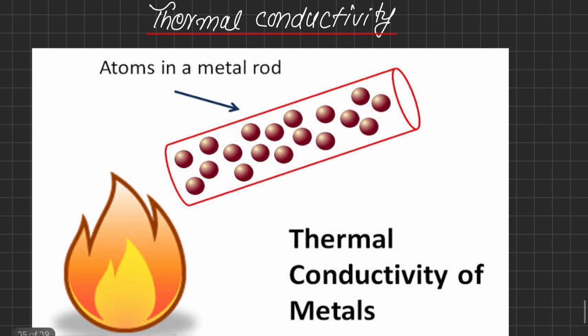So in this way, due to the mobility of these electrons, the heat is conducted from one side to the other. So this theory also well explains the thermal conductivity of metals.